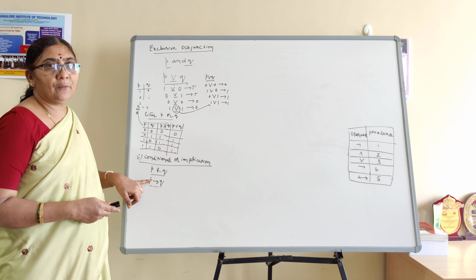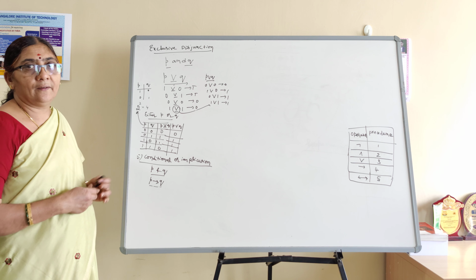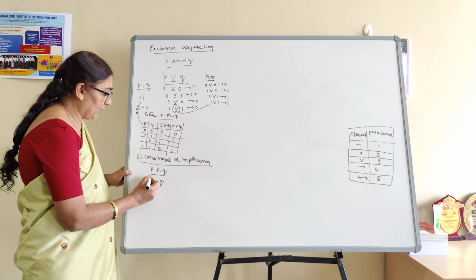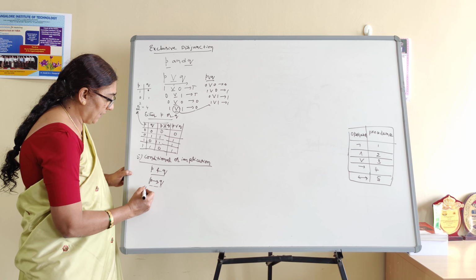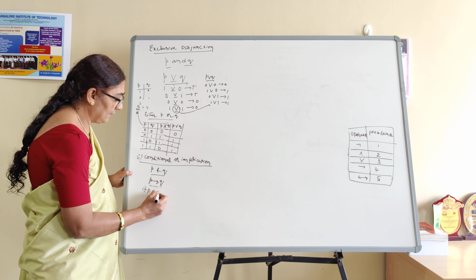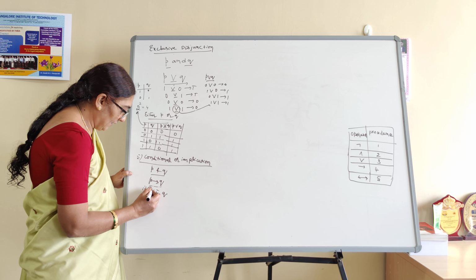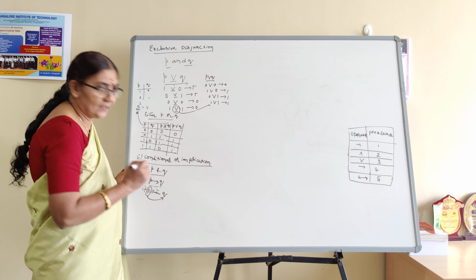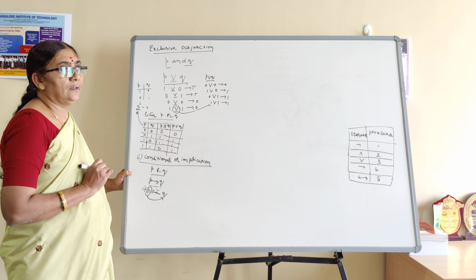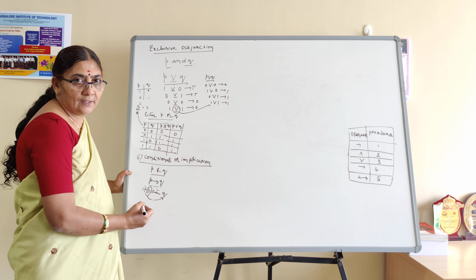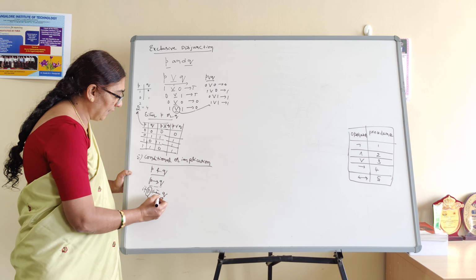You are Q, your friend is P. Whenever I am talking about conditional: if P, then Q. Suppose your friend is attending the DMS class, then you are attending my class. This is called if-then.